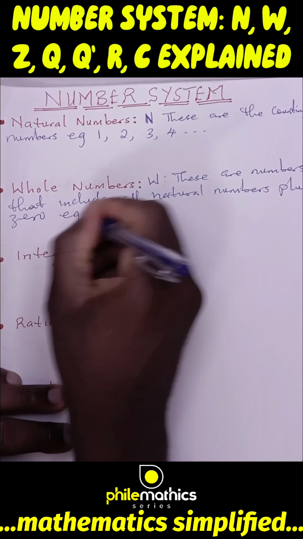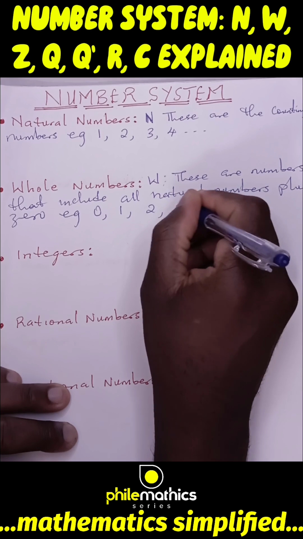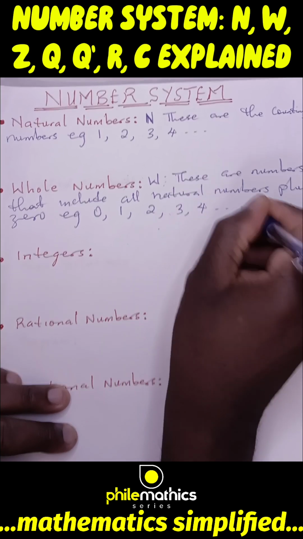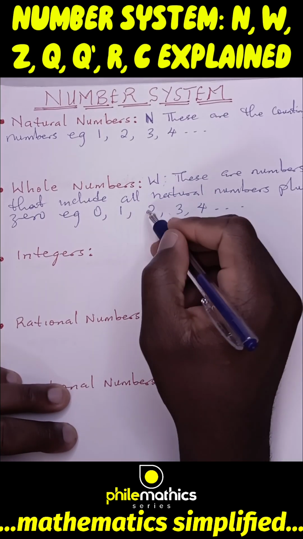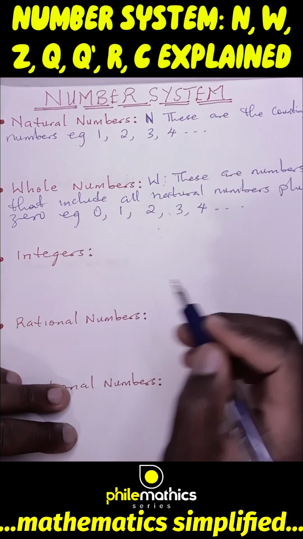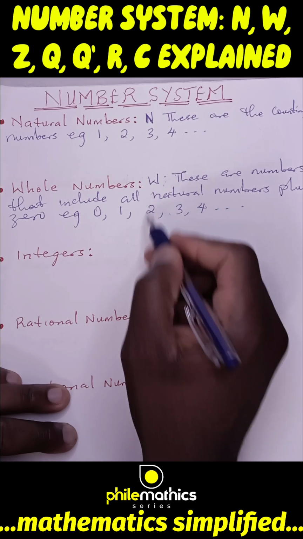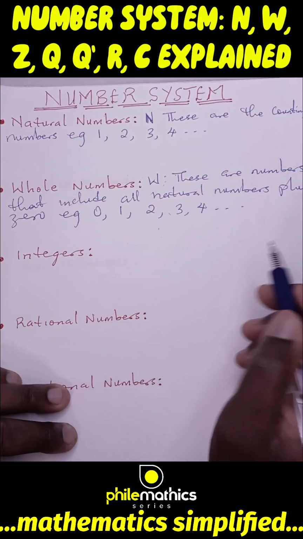So example 0, 1, 2, 3, 4, and so on. So the whole numbers, as you can see, they include the natural numbers and zero. So as the name implies, they are whole. There are no fractions in them.